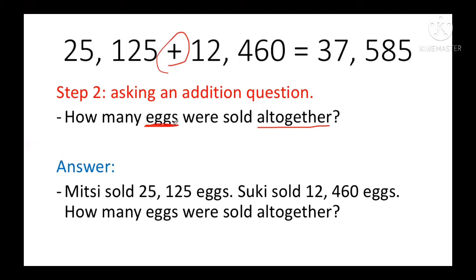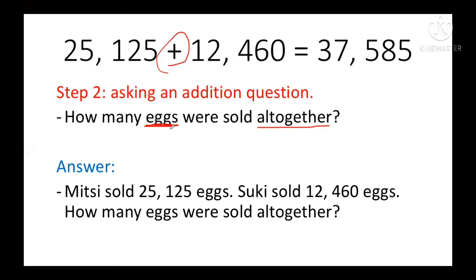So let us now sum up all the things that we learned in step 1 and step 2. Here we have Michi sold 25,125 eggs. And then Suki sold 12,460 eggs. So how many eggs were sold altogether?